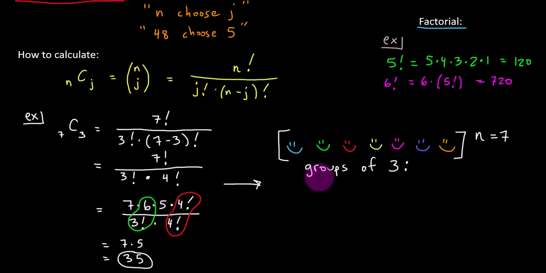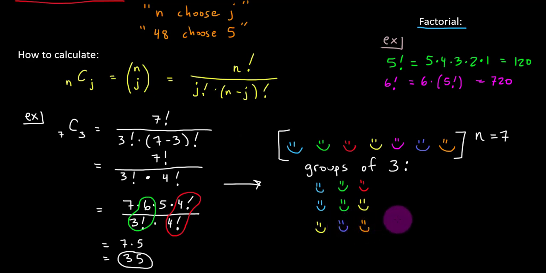Well, we could have blue, green, and red individual. That's a group of 3. We could have blue, green, and yellow. That's another group. Or how about yellow, dark blue, and orange?